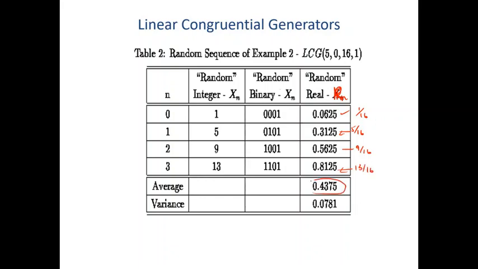The average value turns out to be much lesser than the ideal value of 0.5, and even the variance is much lesser than the ideal value of 1 by 12. So surely the deviation from randomness is higher here.